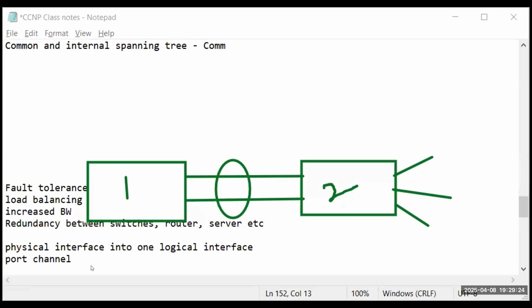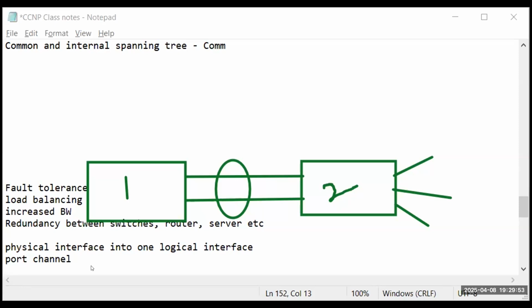Load balancing takes place between the links as a part of the Ether channel. If all the links are active, the load from switch 2 to switch 1 is equally distributed on all the physical links. Ether channel creates an aggregation, as seen in the diagram, as one logical link, and several Ether channel bundles can exist between two switches.